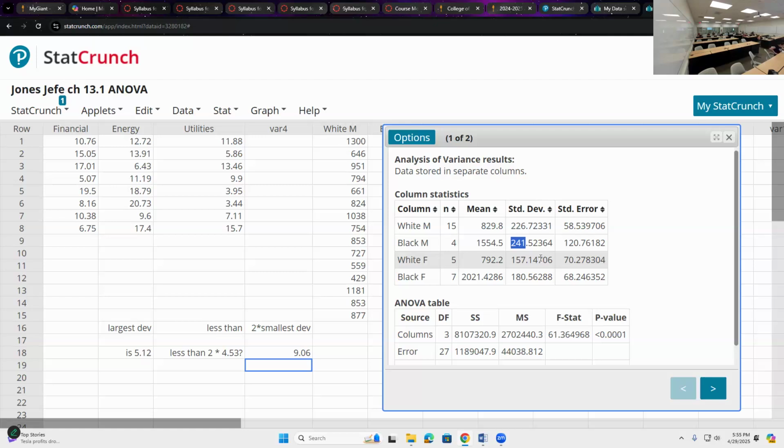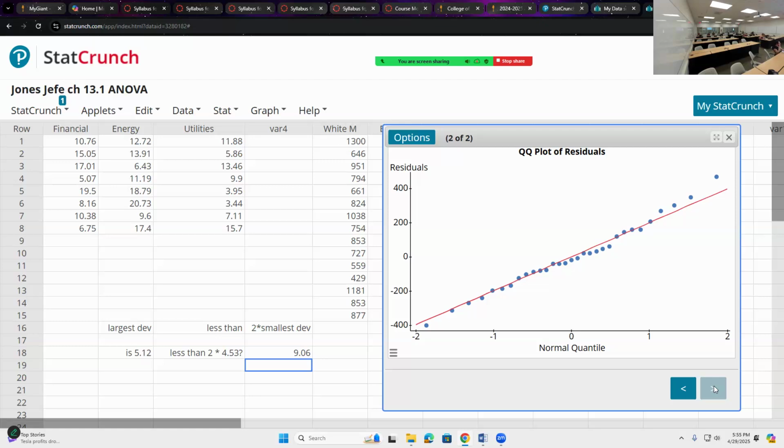The smallest standard deviation is 157.1. And we'll take a look at that line. That line looks pretty good.